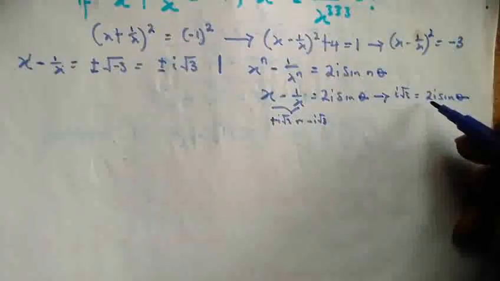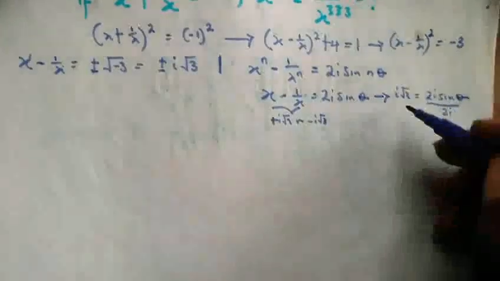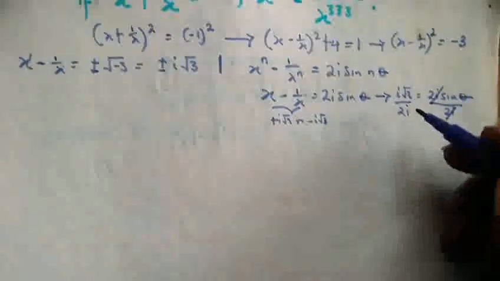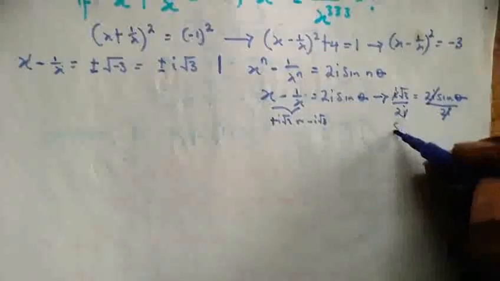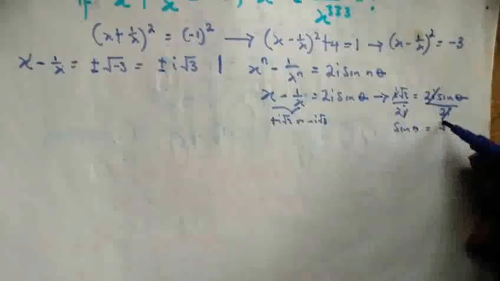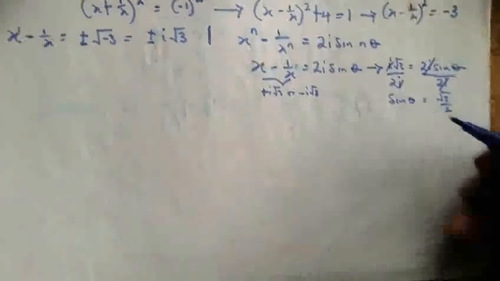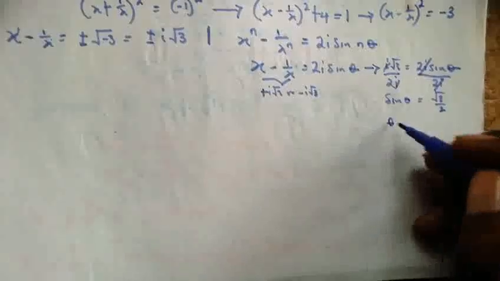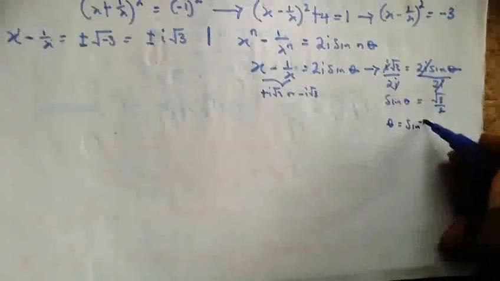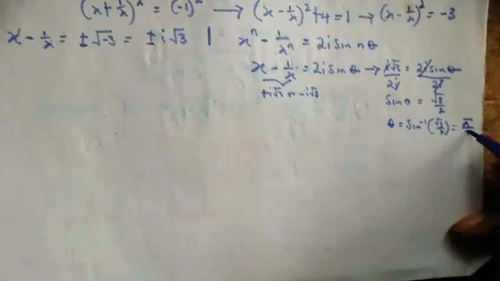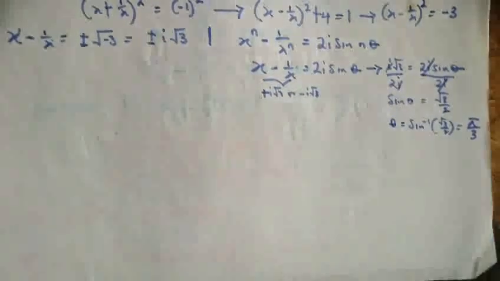Dividing both sides by 2i, the 2i cancels and the i cancels, so we have sine theta is equal to square root of 3 all over 2. Taking the sine inverse, theta is equal to sine inverse of square root of 3 over 2, and this is equal to pi over 3.